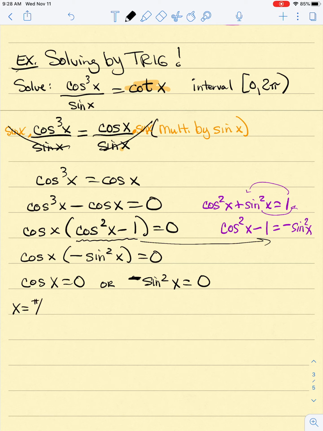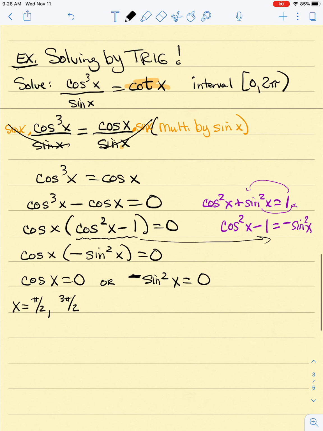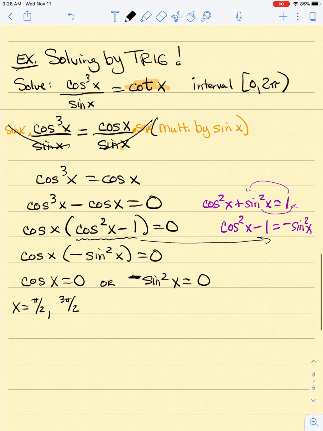Well, that should be at pi over 2 or 3 pi over 2. All right, now what about negative sine squared x? Well, if you divide both sides by negative 1, we'll have sine squared x equals 0, which means that the sine of x equals 0.